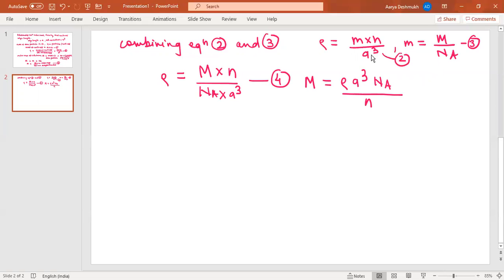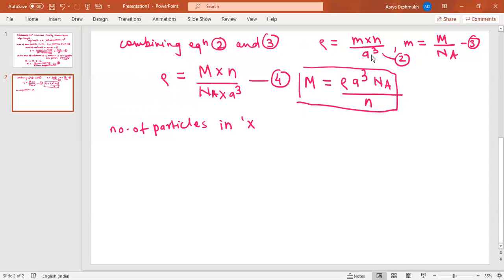So this equation can be used to find the molar mass of the substance. Okay. Now further, we want to find out the number of particles in x grams.